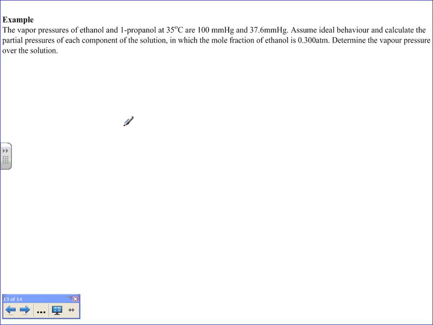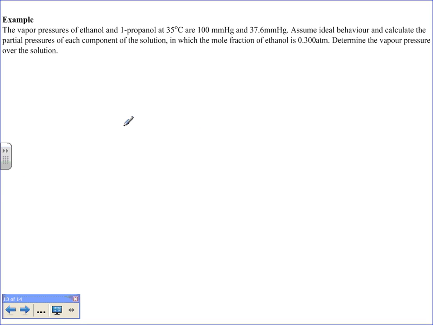In this last example, the vapor pressures of ethanol and 1-propanol at 35 degrees Celsius are 137.6 millimeters of mercury. We're going to assume ideal behavior, which means that ethanol and 1-propanol must have similar intermolecular forces.